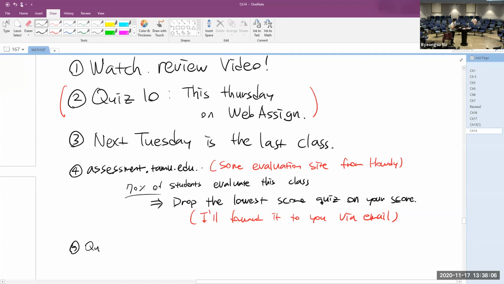And the last one is about quiz 9. So I will just show how to solve the first problem of quiz 9 briefly. Oh, give me a second. A lot of students had difficulty solving, especially the winning adjustment process.